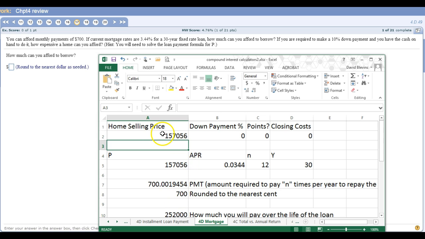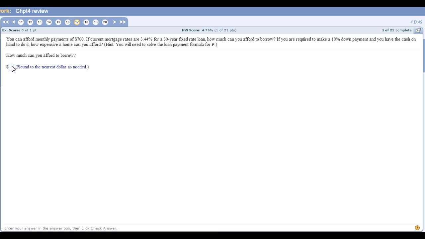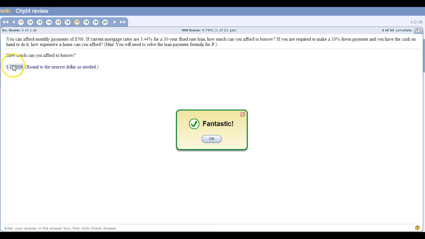So I'm going to see if 157.057 works. Alright, that rounds to 701. So that's going to be at 157.056. Make sure that you do it, because if you had done 157.055, it would not have been the answer, because that's a dollar more that we could have gotten.